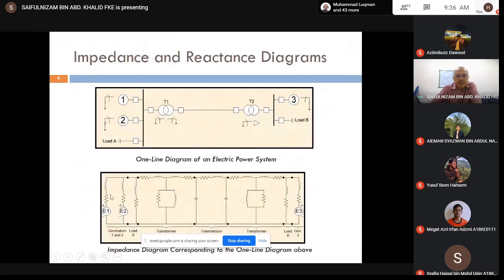You can see here, there is no effective resistance of the generator. There is no more resistance of the transformer. There is no more resistance of the transmission line.